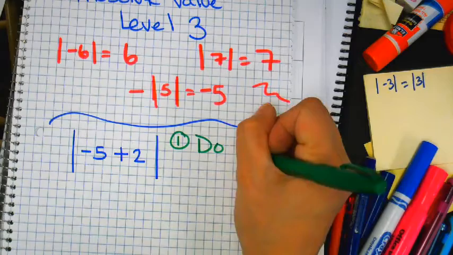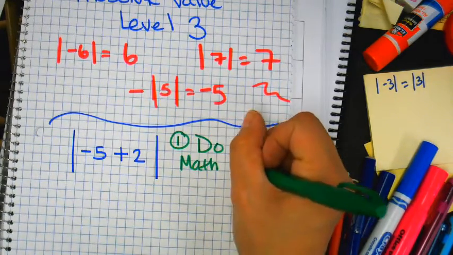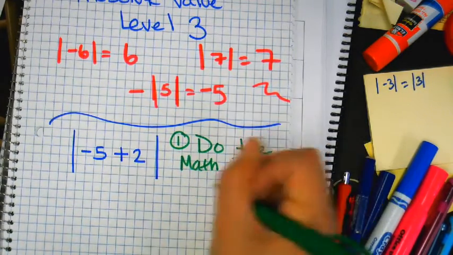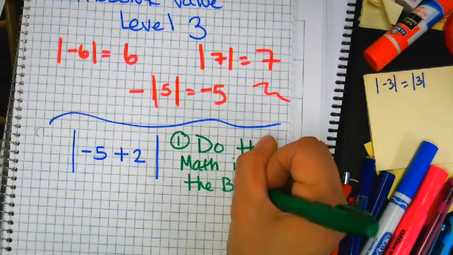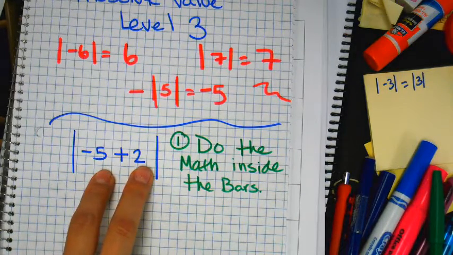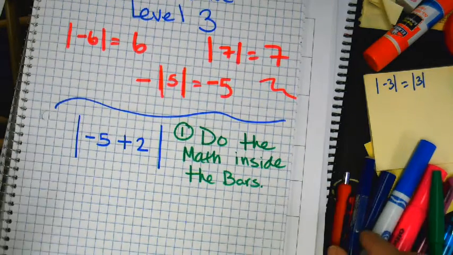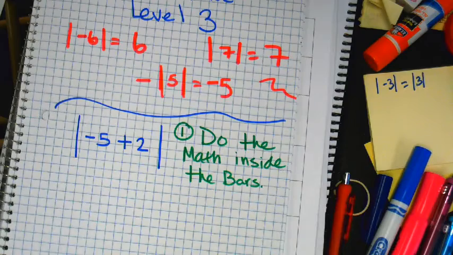So, step number 1. Do the math inside the bars. When you have a math problem inside the bars, do the math problem inside the bars. And we follow the rules we've been learning for the past 3 weeks.